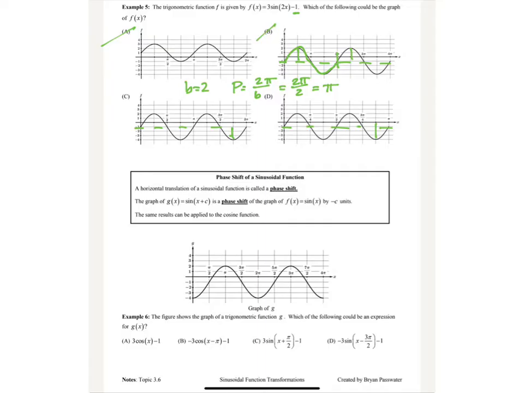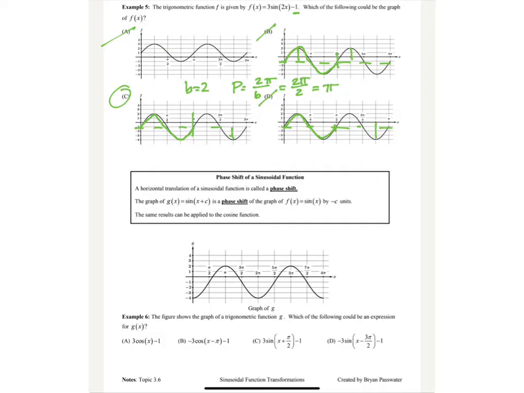That's letter B, sorry. No good. Letter C goes up, down, back up in pi. Yeah. D goes up, down, back up in pi over 2. Yes. Okay, moving on.